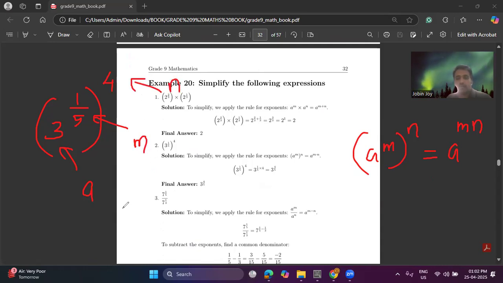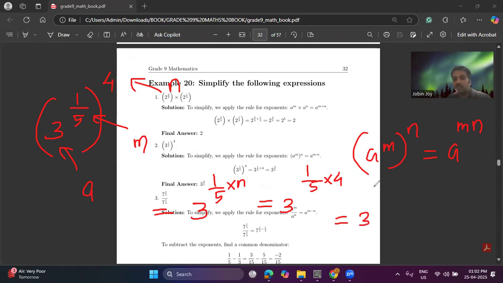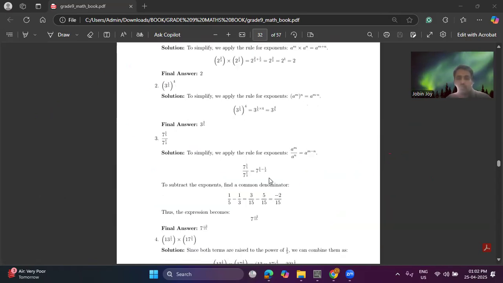So you can write 3 raised to 1 by 5 into 4, a raised to mn. That means 3 raised to 1 by 5 into 4. This will be 3 raised to 4 by 5. So the answer is 3 raised to 4 by 5.